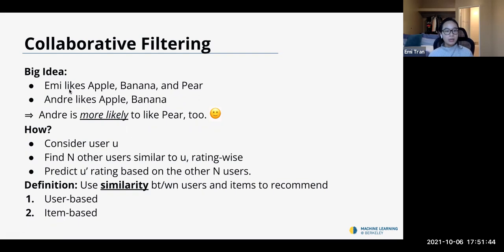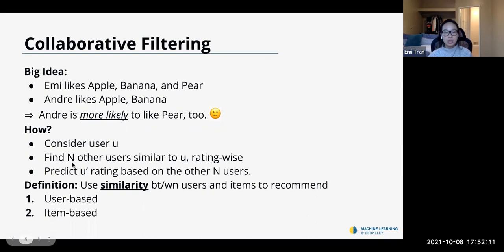Mathematically, you would consider a new user U, and your task is to find n other users similar to you, rating-wise. For example, I rated apple and banana well, I liked them rather than disliked them.